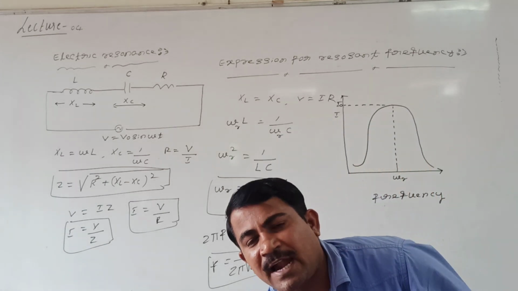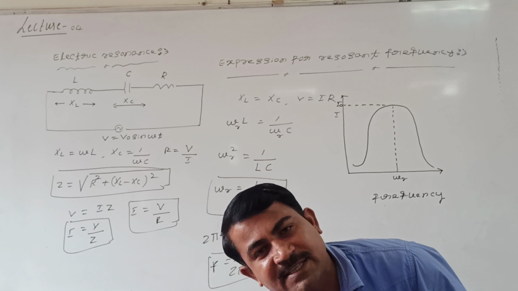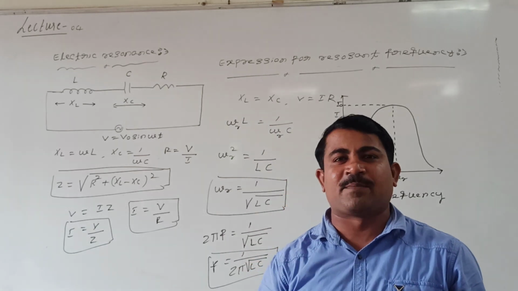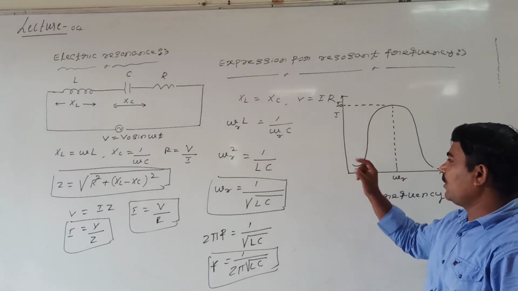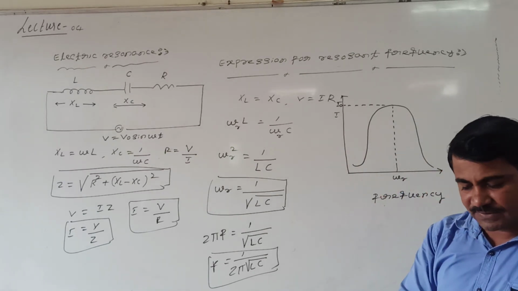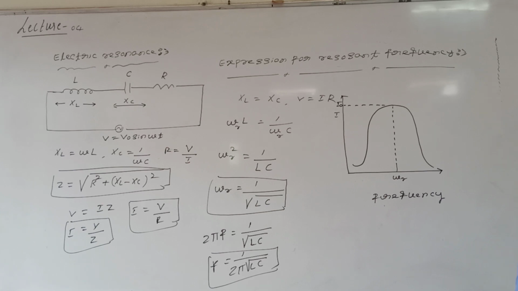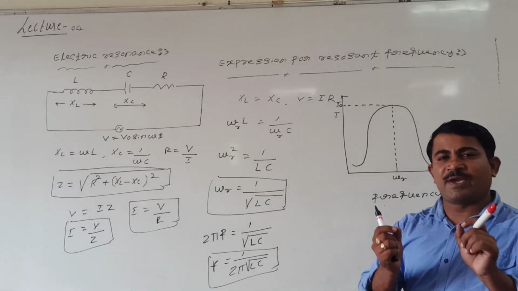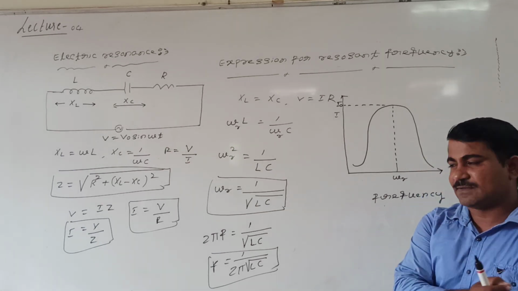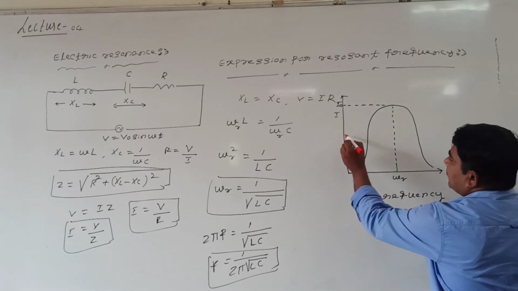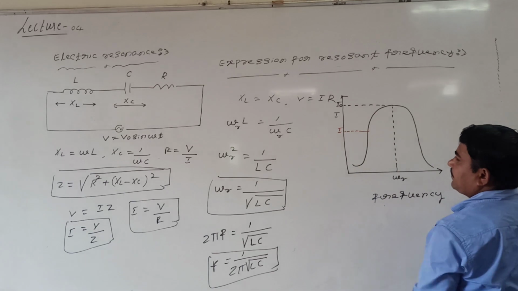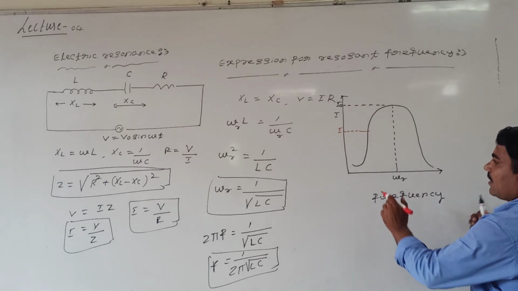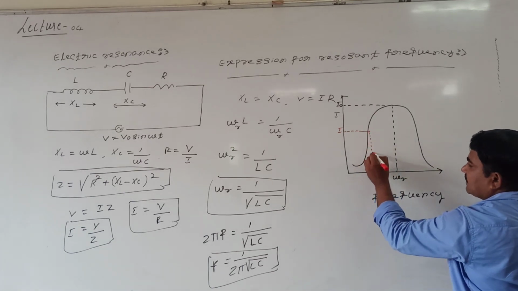Then the question is, at a particular frequency we got maximum current. Definitely we got maximum current. But see here, at the same current we are getting two different frequencies. Look at this graph. How is it? I can take this point, say this current is I. At this current, this much frequency is available.